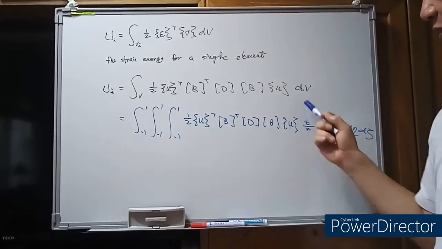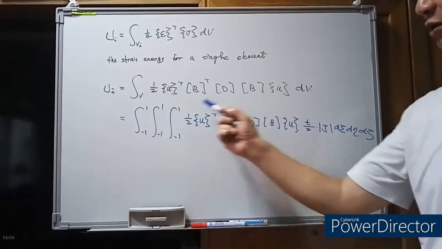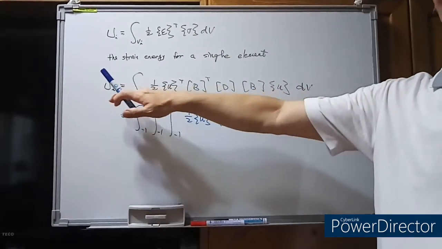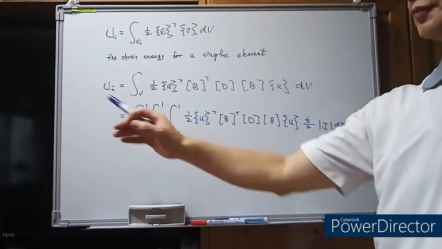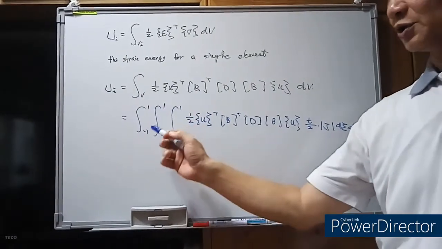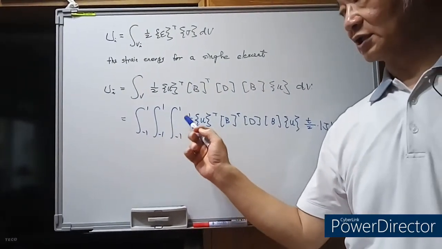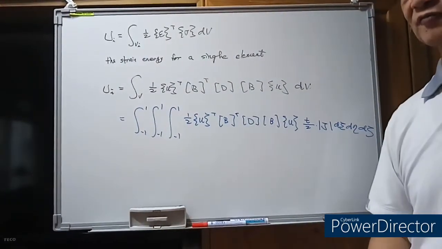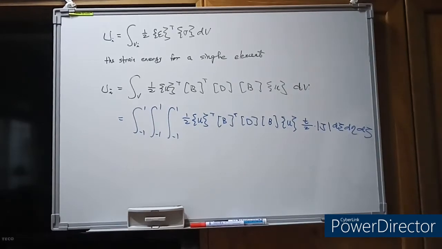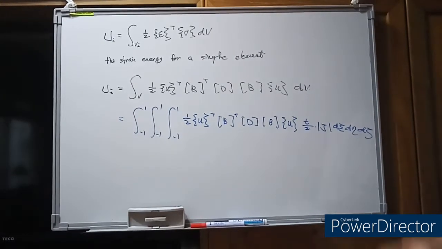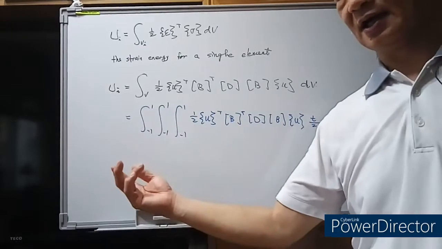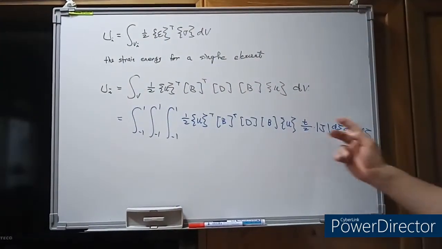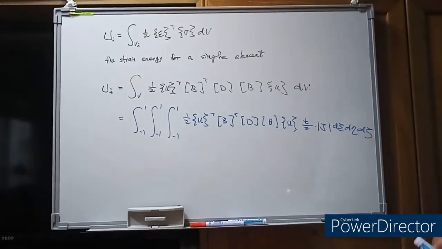So that's the calculation of the strain energy of the entire element. We need to change the integration over the entire volume to the integration over xi, eta, and zeta. So we need to do these transformations, and then you can move the elements which are not functions of xi, eta, zeta to outside of the integration.